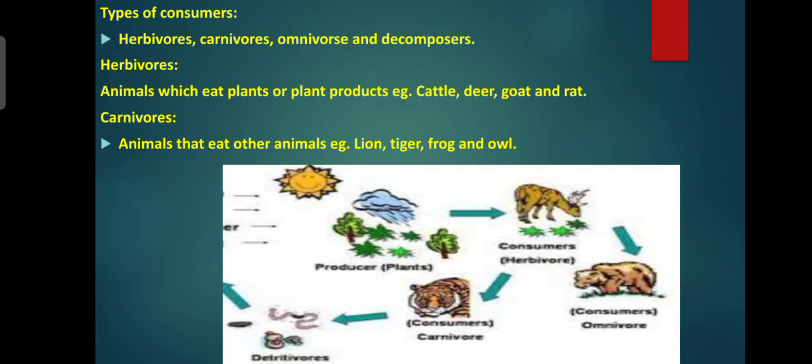The second type of consumers are called carnivorous. Carnivorous eat only other animals. Some examples of carnivorous are cat, shark, and owl.